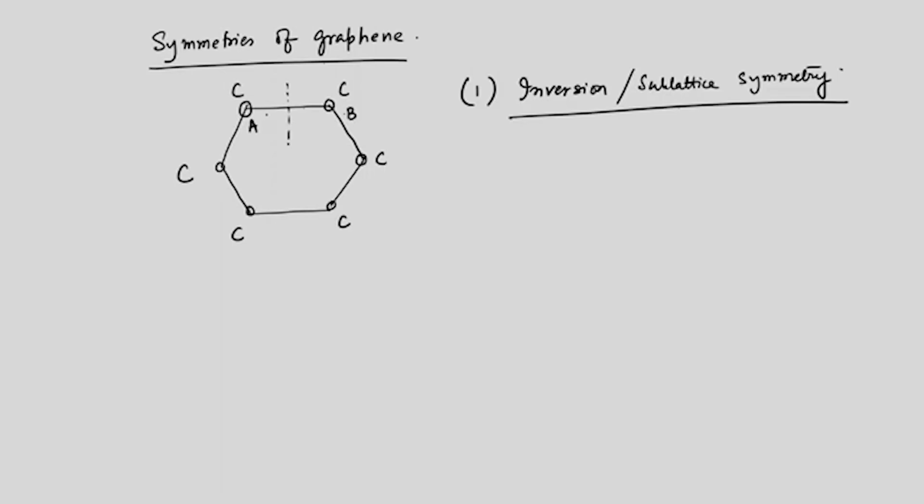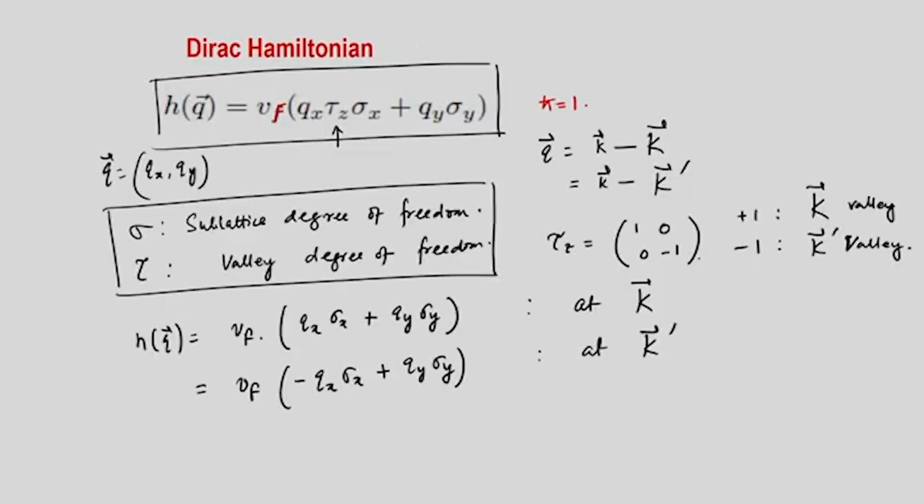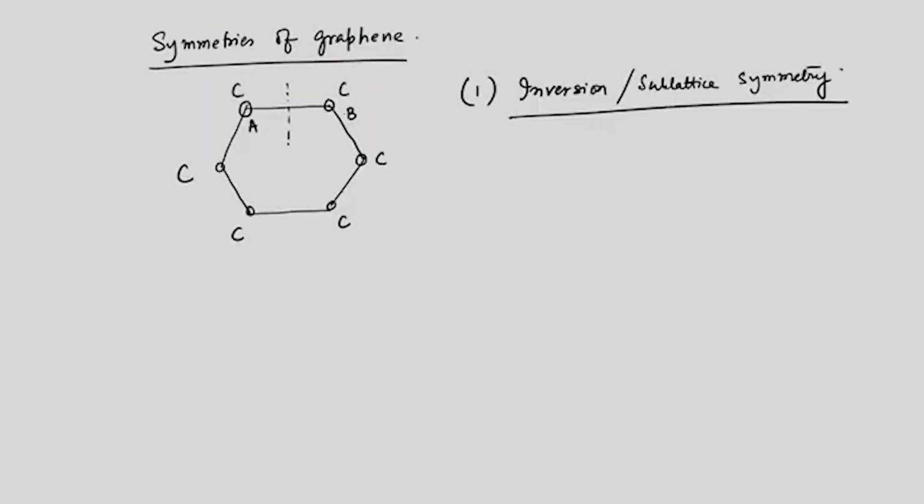Then changing A to B and B to A will not change the structure or do anything to the Hamiltonian that we have written in the last slide. This is invariant under this transformation, so it has inversion and sublattice symmetry.